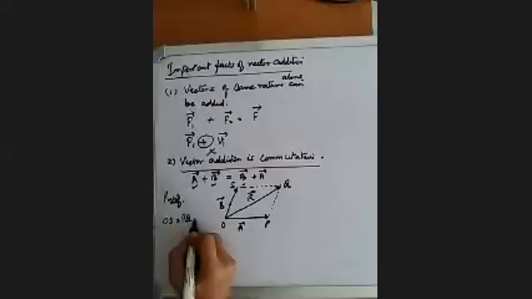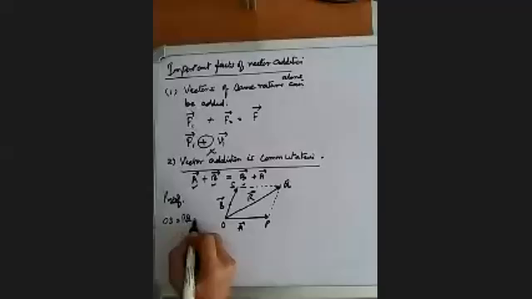Similarly with triangle OQS, in this triangle OQ vector will be given by OS vector plus SQ vector, as these two vectors are in the same order. OS vector is B vector, so it is B vector plus A vector.